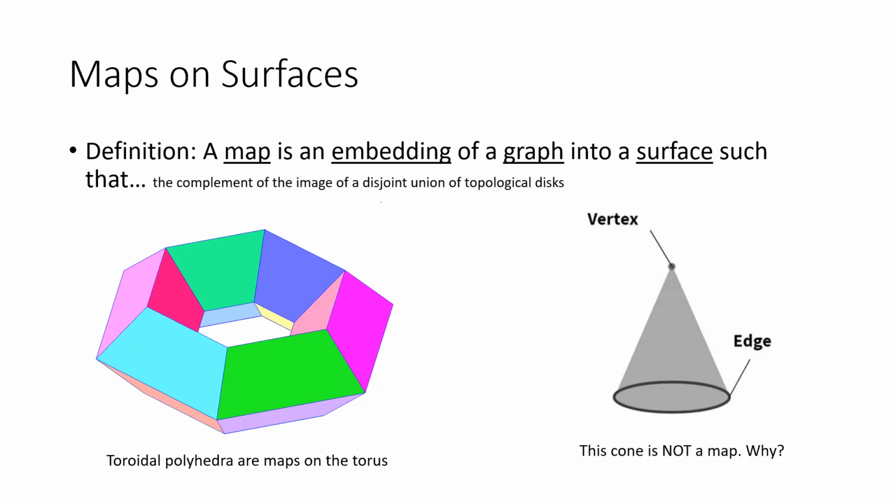On the right, this cone is not a map because first of all, you need to have an underlying surface and an underlying graph. So the cone can be considered as a sphere. Its underlying surface is a sphere, but what would the underlying graph be? In this picture over here, you have one vertex.